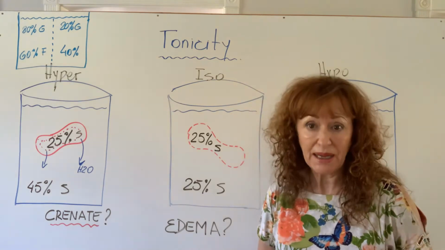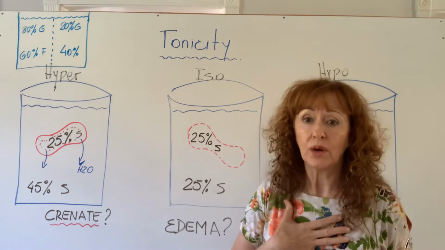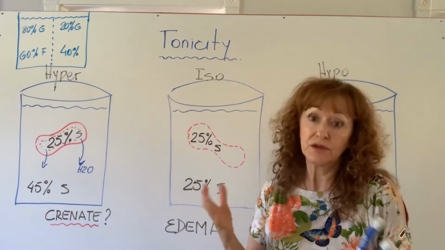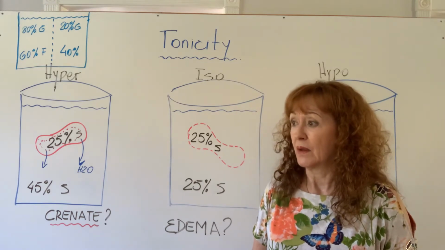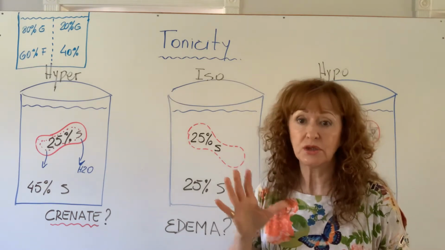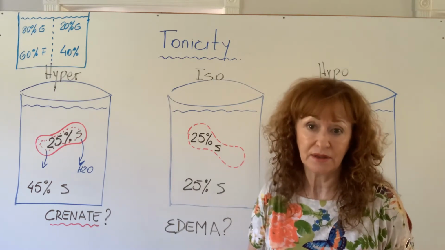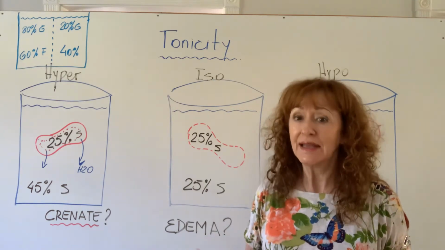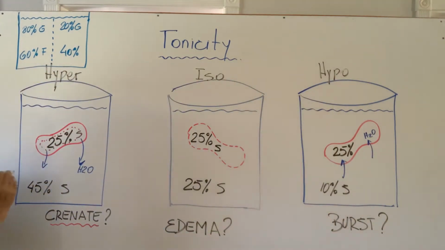Let's keep in mind that I can prove that one. Osmosis is defined as the movement of water towards the higher concentration of solutes, or water will move from higher concentration to lower concentration. It's exactly the same. In this scenario, how much water do we have?